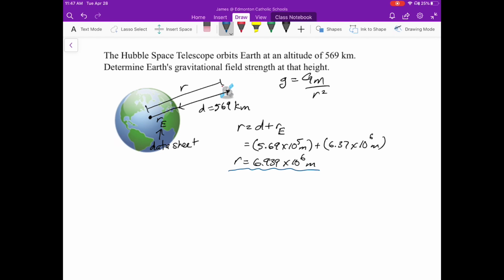So then we can plug our value of r into our formula. We have the gravitational constant, 6.67 times 10 to the negative 11. We have the mass of the Earth, which is also in your data booklet, 5.97 times 10 to the 24 kilograms.